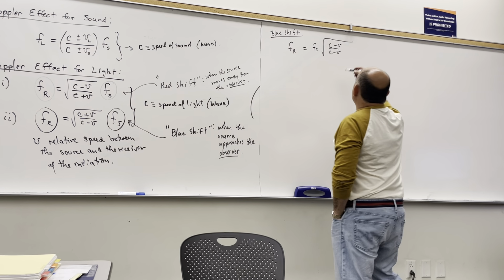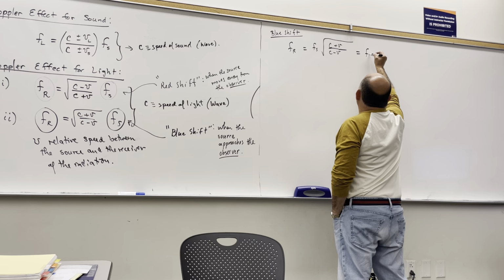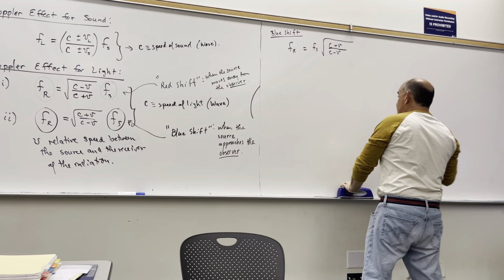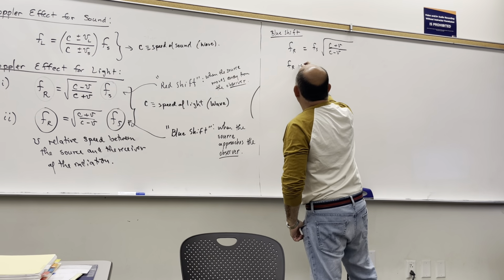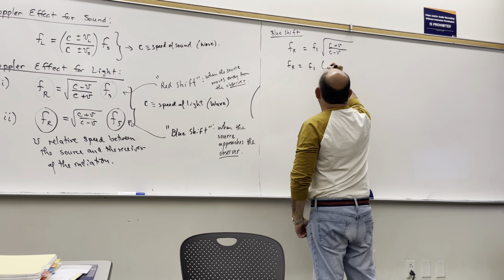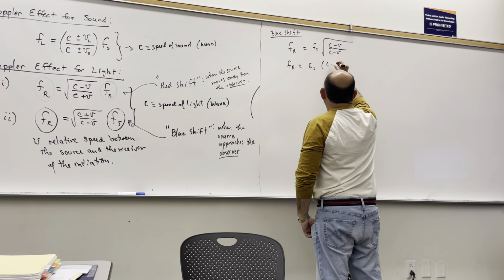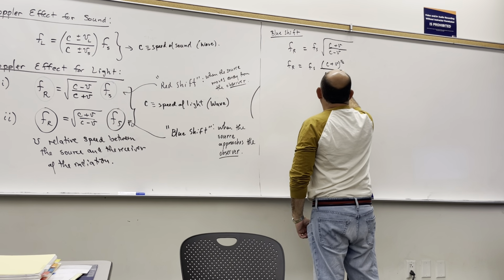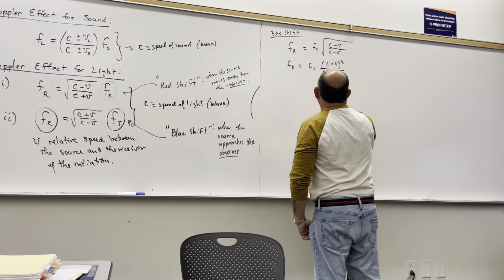I can write this as f of s. Oh, maybe let me just use another line. And I can write this as c plus v to the 1/2 and c minus v to the 1/2, right?